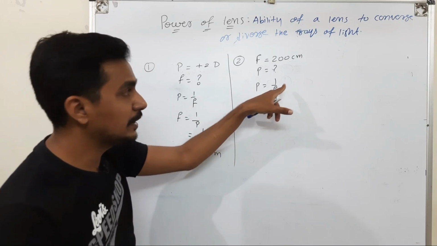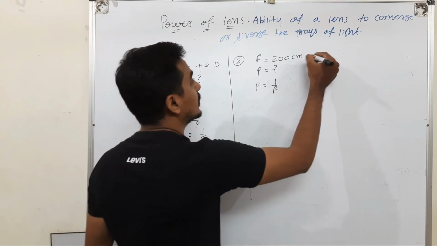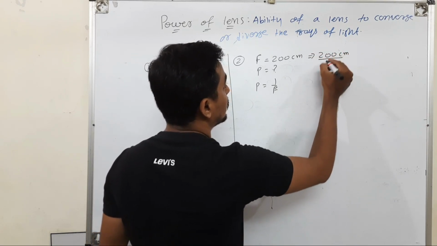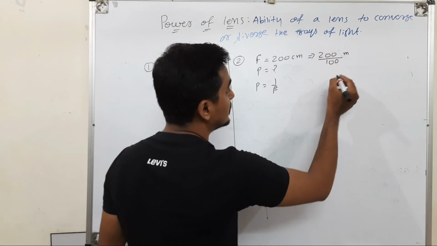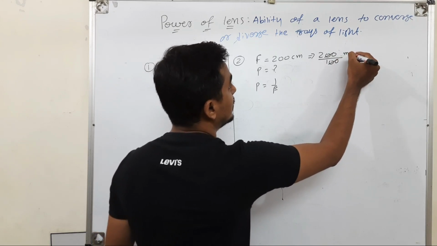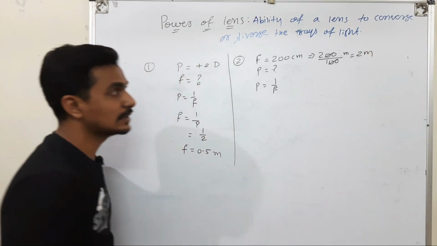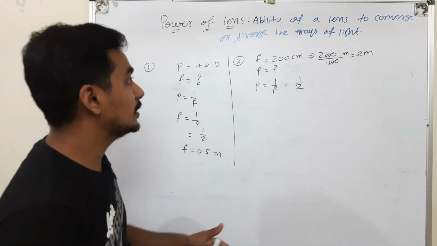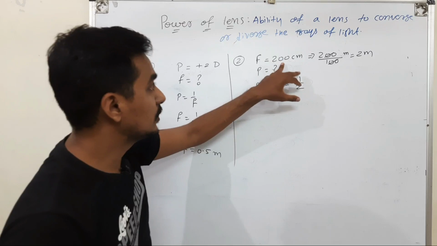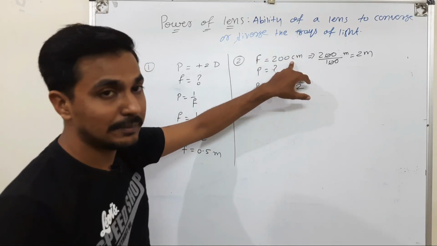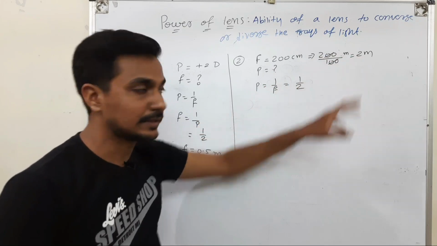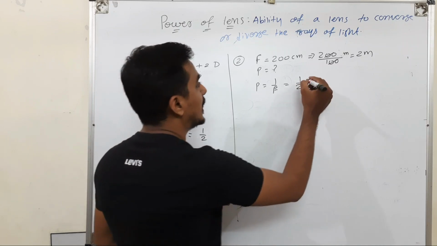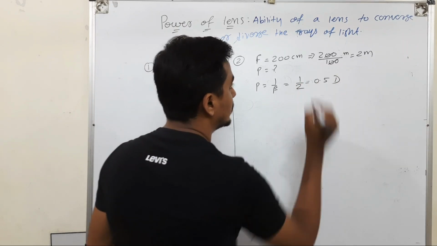So 200 centimeter divided by 100 gives the answer in meters. So the focal length is 2 meters. Here you can write P is equal to 1 by 2. Remember, whenever it is asked to find the power, convert the given focal length from centimeter to meter. If it is given in meter, then don't convert it. Directly you can calculate. So the power is 0.5 diopter.